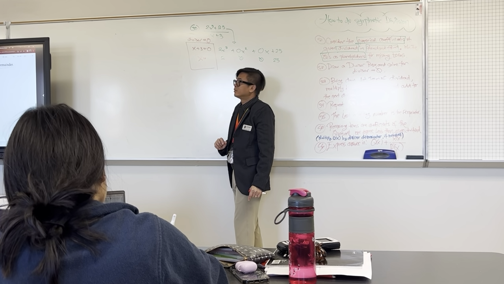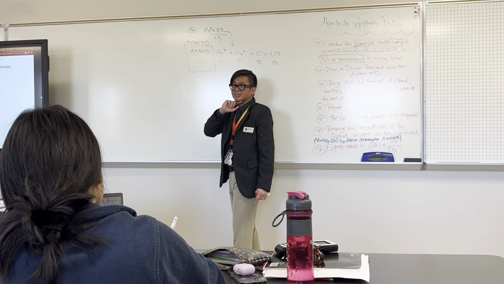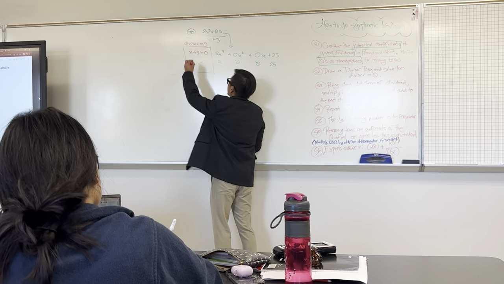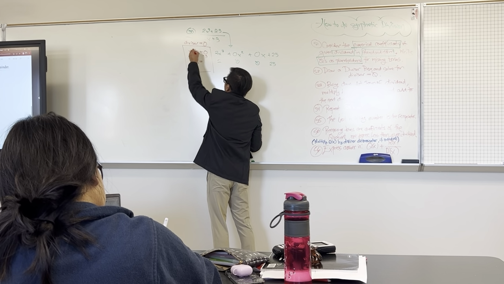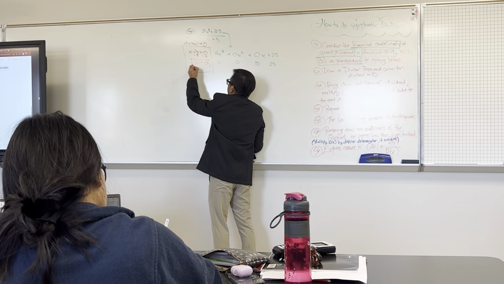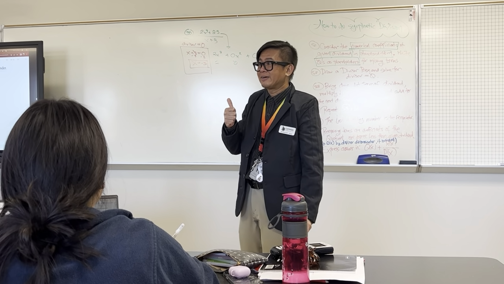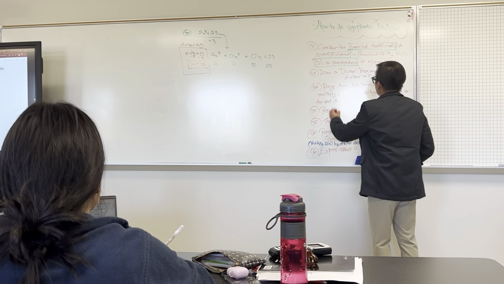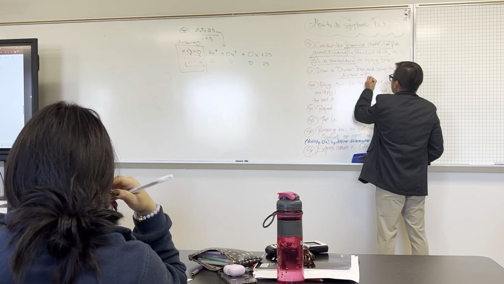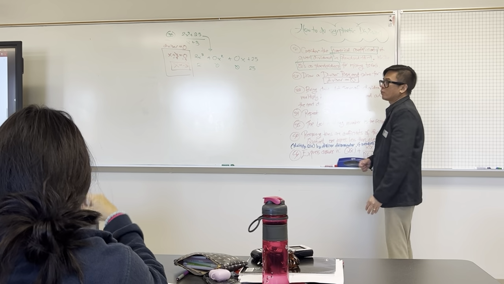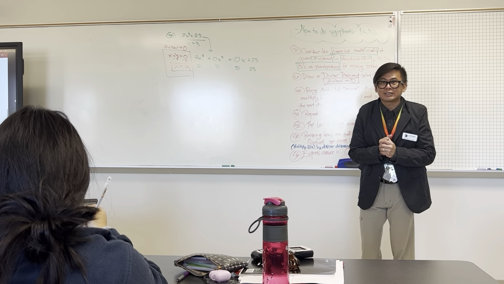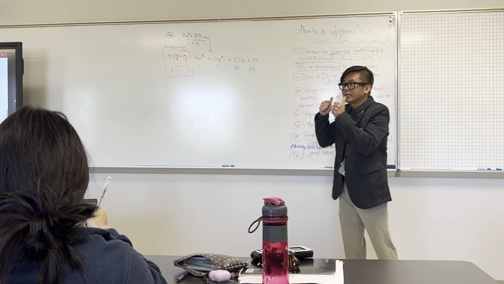What's the inverse of plus? Minus. So minus 3, and x equals negative 3. Are we good? So that's our step number 2: divisor box, and set your divisor equal to 0 and solve for x.